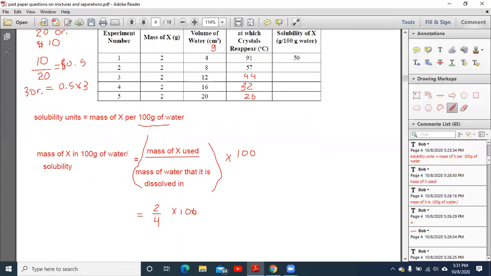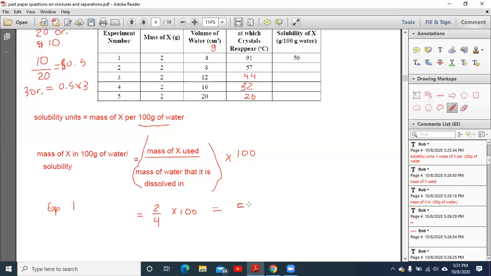This is for experiment 1. The solubility is indeed 50.